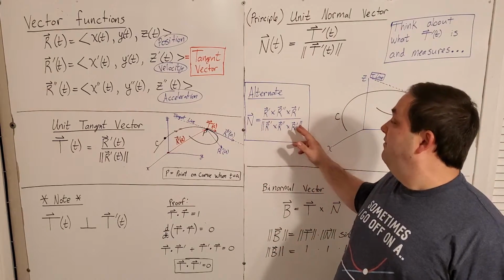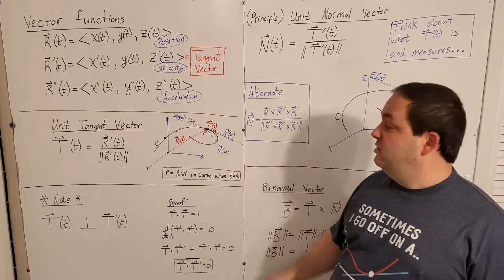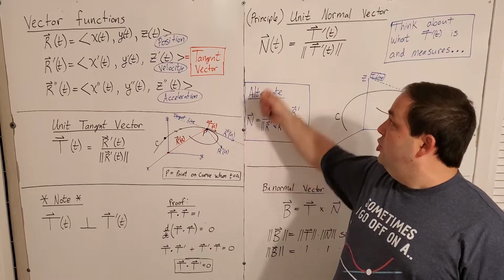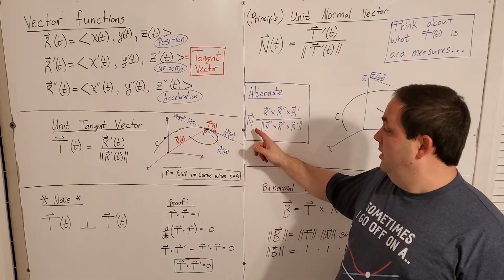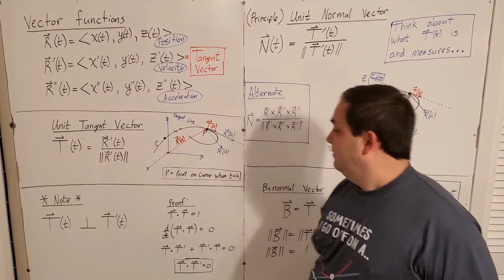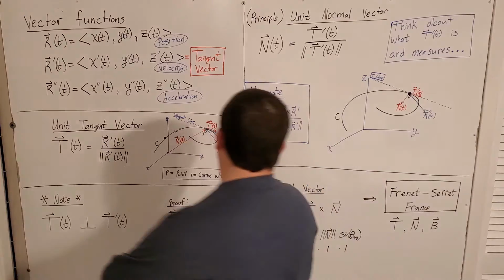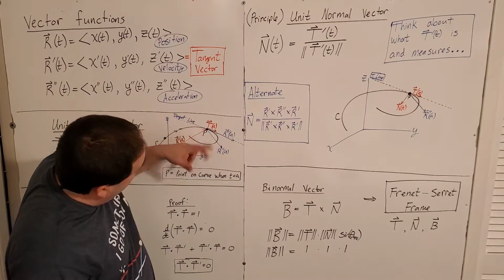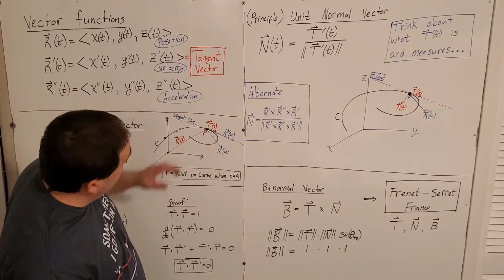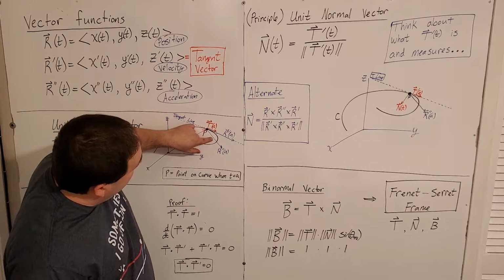If you divide by that vector's length, it will then also be equivalent to the unit normal vector, the principal unit normal vector, okay? Let's talk about that for just a second. Look at the r prime and the r double prime vectors that I've drawn here. It's just an example, right? Those two are not going to be at a right angle to each other.